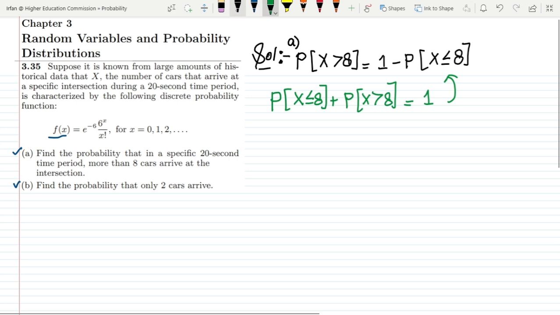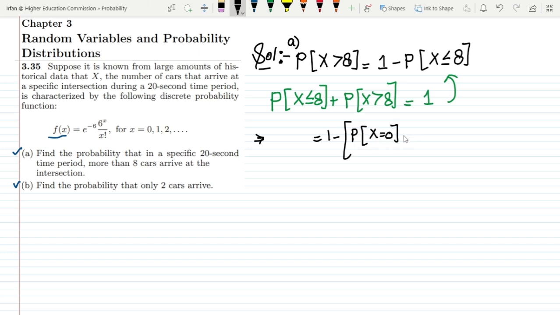and from it we can very clearly get this formula. Okay, now solving the same probability function and the same part of our question, what we can do here, the probability that x is less than or equal to 8, we can find it out by the probability that the number of cars is 0, plus the probability that the number of cars is equal to 1, plus the probability that the number of cars is equal to 2, and we will add them together until we have the probability that x is equal to 8.